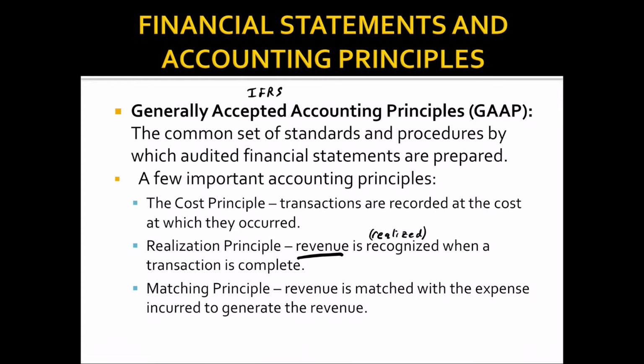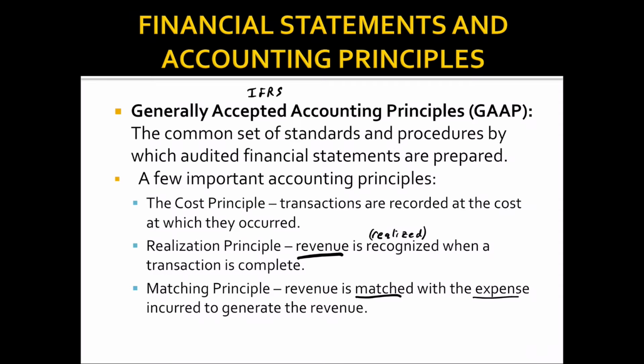And so the third principle here is the matching principle. The matching principle states that revenue is matched with the expense incurred to generate that revenue. What's important about this is that when you generate this revenue and put it on your income statement and also match the expense, this is not going to actually correspond with the actual cash flows.